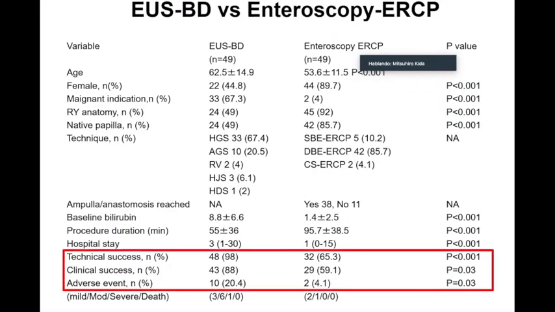Of course, EUS-BD is much easier for accessing the intrahepatic bile duct if the duct is dilated. Using the endoscopy, the technical success is around 65%, much lower than EUS-BD.